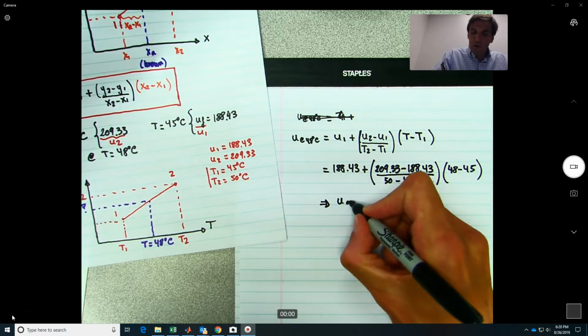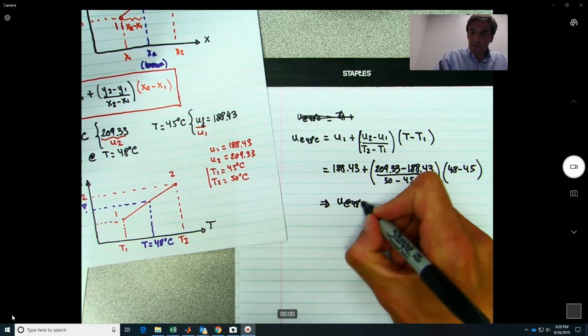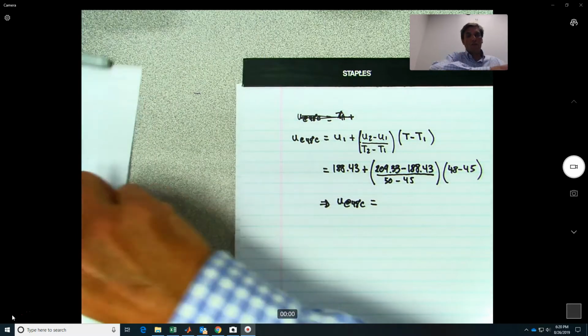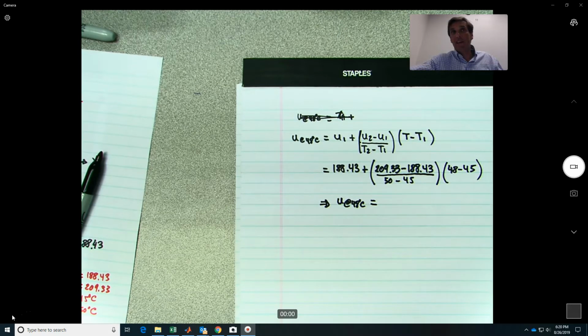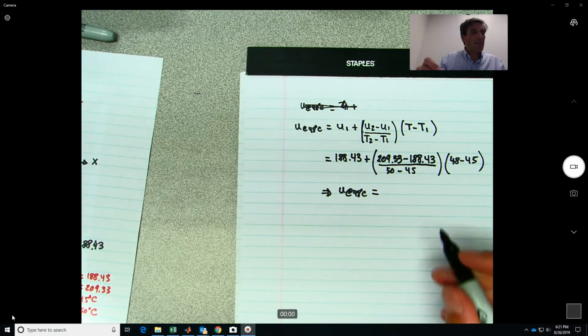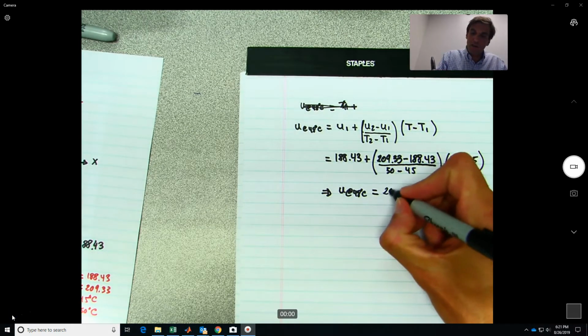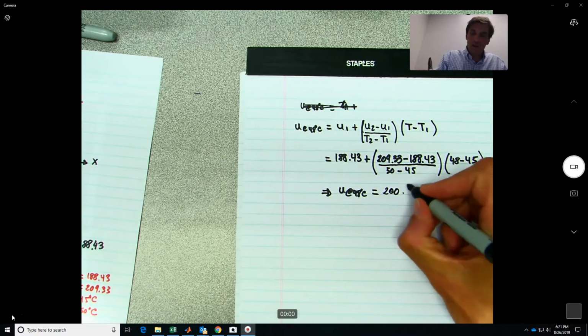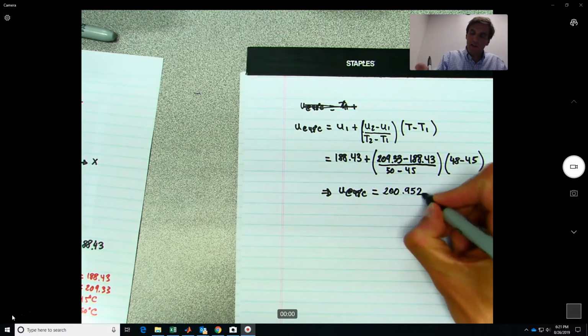And if you do the numerical application, you find that this is equal to 200.952.